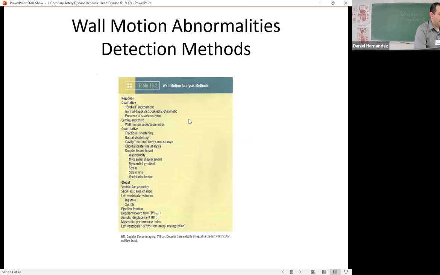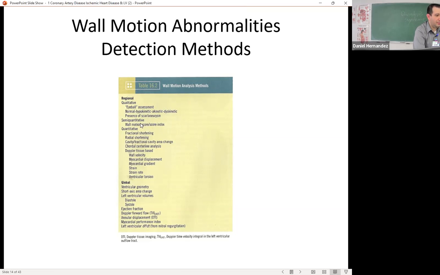We do have qualitative and quantitative measures when we're assessing wall motion abnormalities. Our qualitative would be our eyeball assessment, assessing the walls for normal and dyskinetic segments, presence of scar tissue and aneurysmal segments.